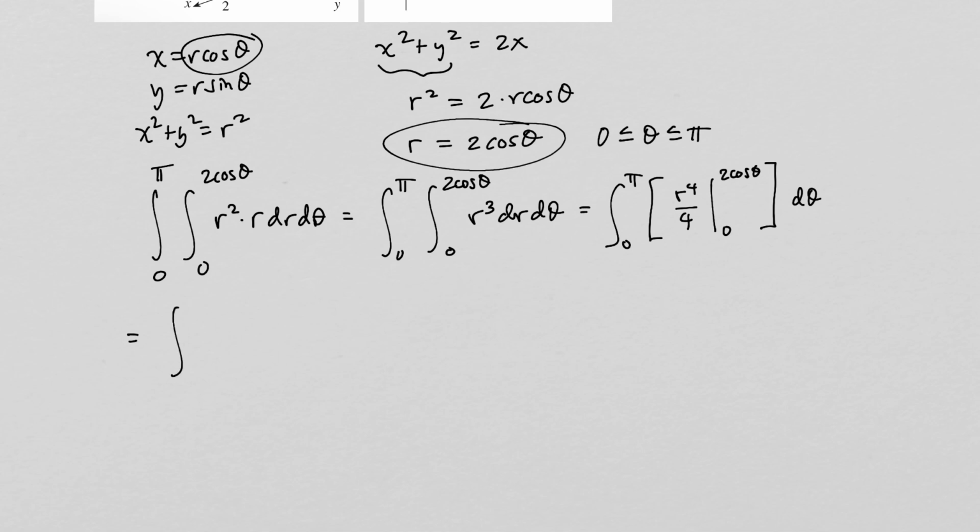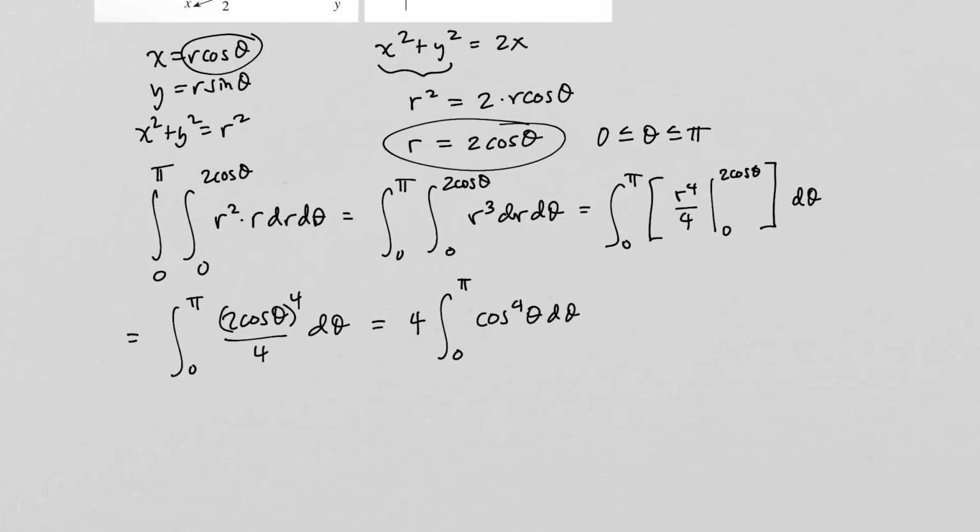So this becomes the integral from 0 to pi of 2 cosine of theta quantity to the 4th power divided by 4 d theta, right? Got to plug this into here. When you plug in 0, you get nothing. 2 to the 4th power is 16, divided by 4 is 4. And then we have cosine to the 4th power of theta.